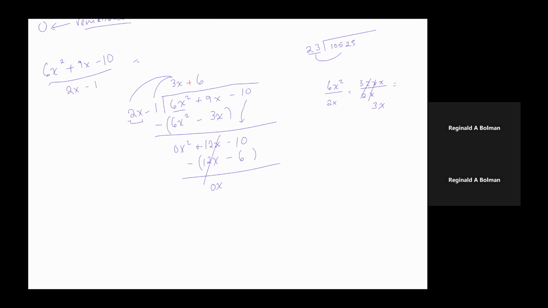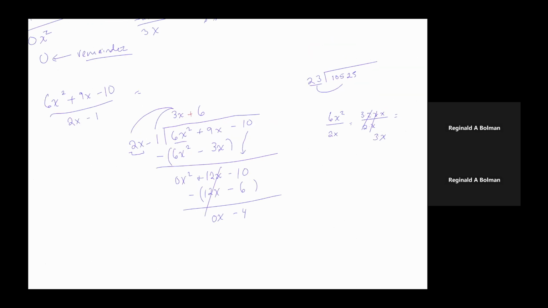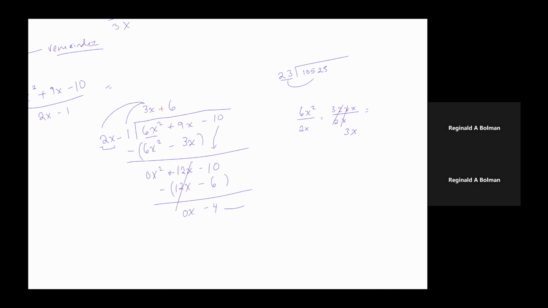So now you'll note at this point that 2x does not go into negative 4. So this is where we terminate, and this is, in fact, our remainder of the expression.